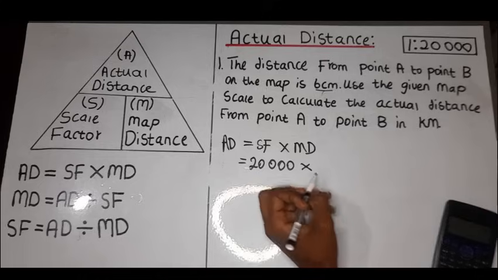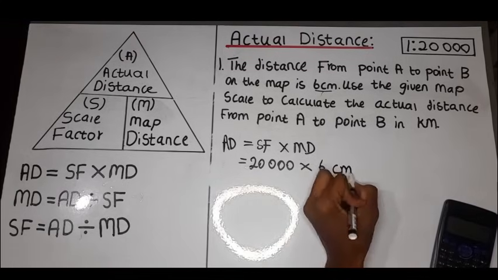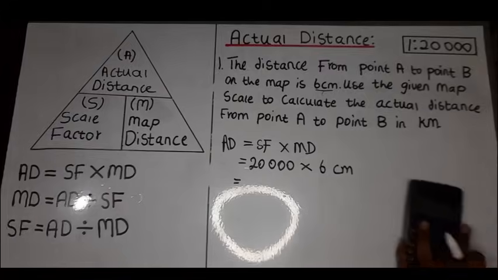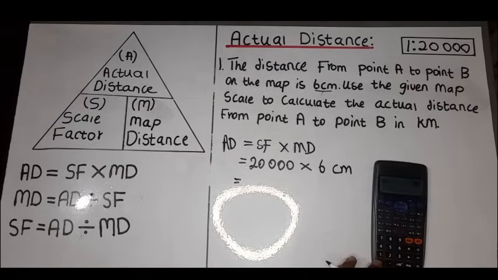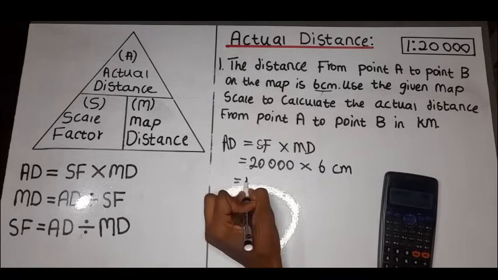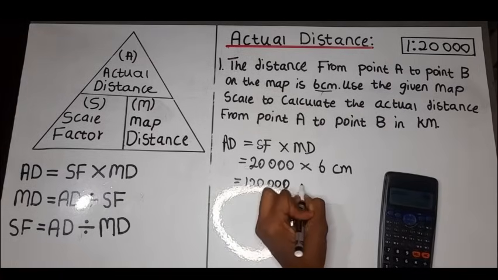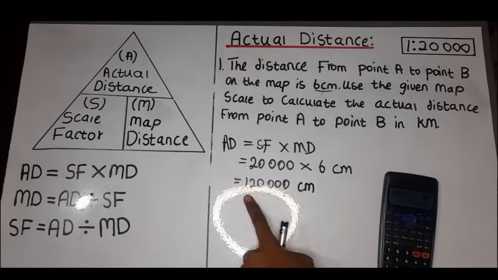So we're going to say 20,000 multiplied by 6 centimeters. It gives us a total of 120,000 centimeters, right? So this is the real life distance, the distance in real life, right?